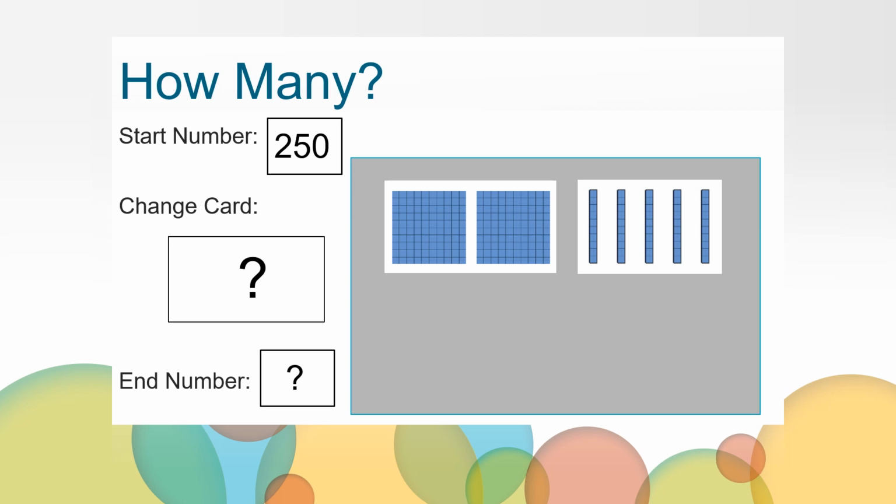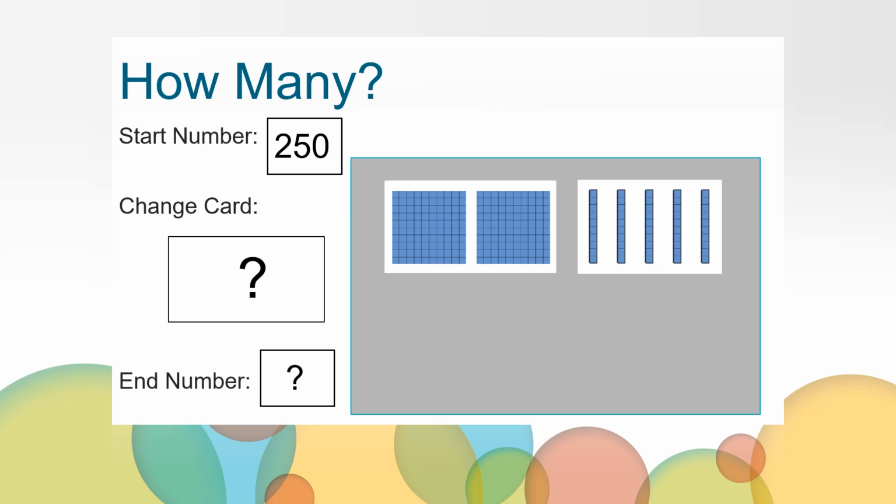And 0 ones cubes? Let's count it together. 100, 200, 210, 220, 230, 240, 250.